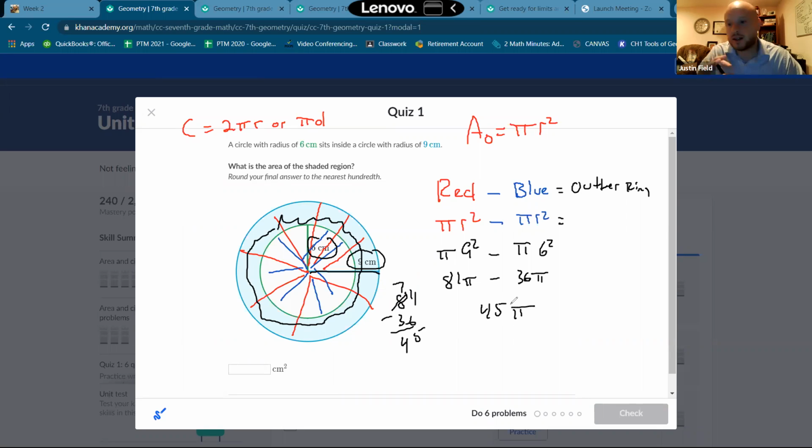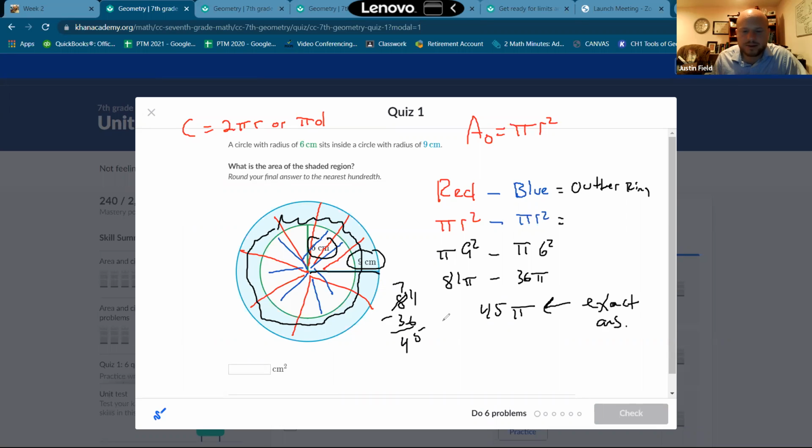Notice I'm not using 3.14 for approximation of pi, at least until I get my final answer. This is called an exact answer when you leave the pi in there.